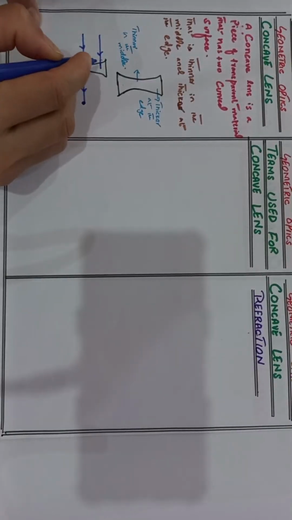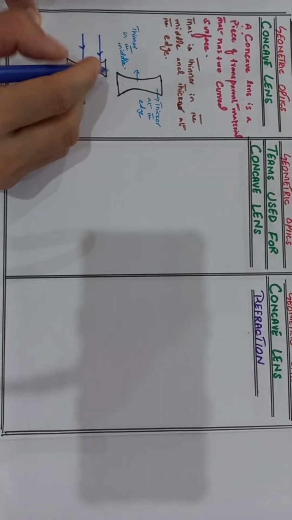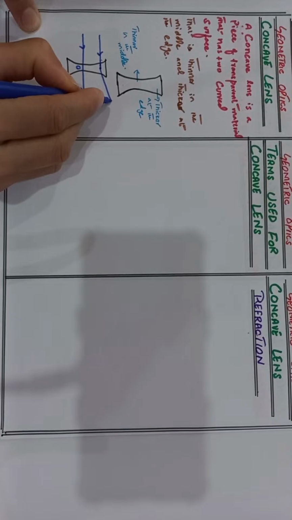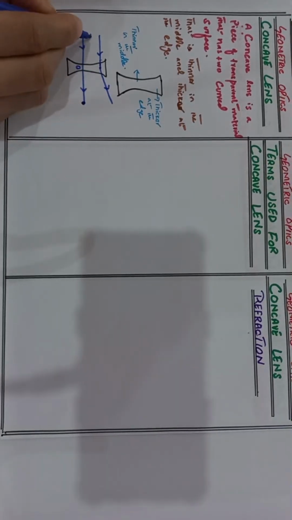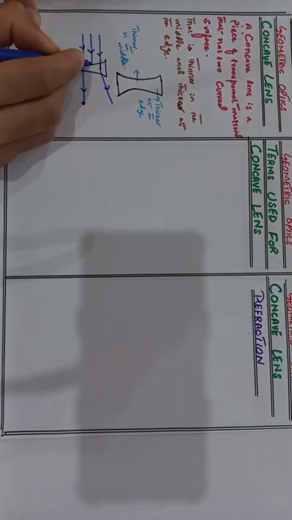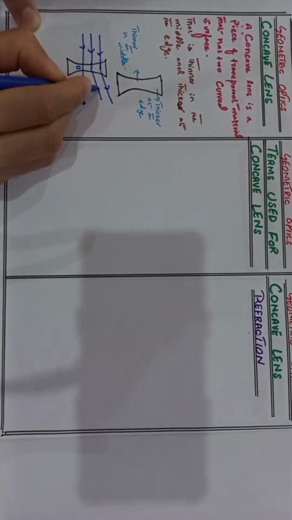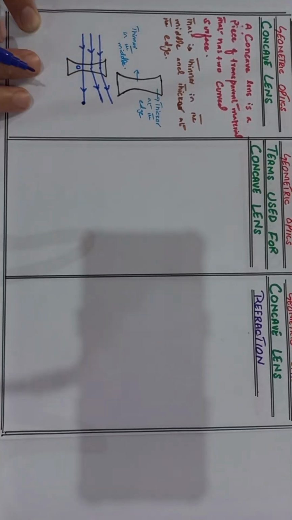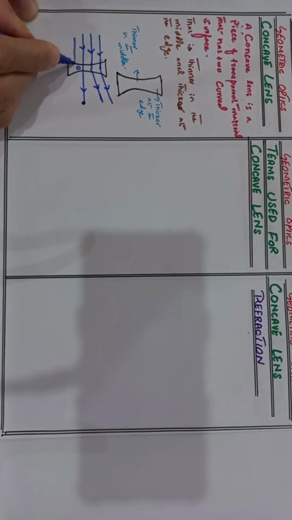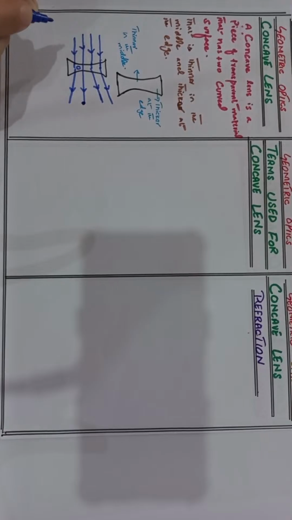It refracts when it passes through the concave lens. It refracts such that it spreads out from the concave lens. Here is the light ray that is spread out when it passes through the concave lens.